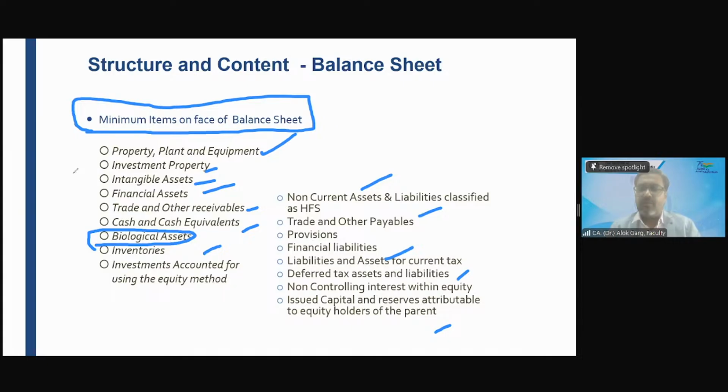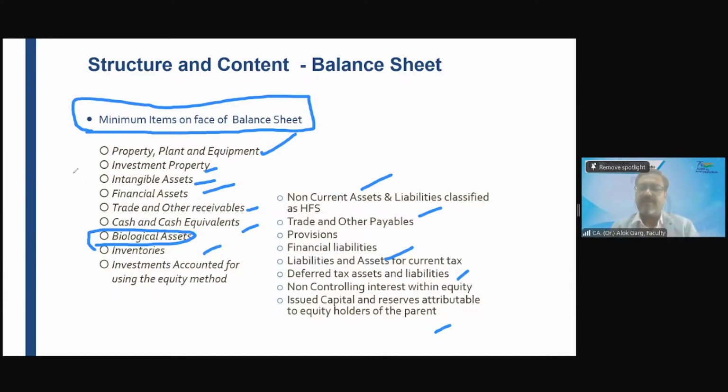Question number 2. While preparing the balance sheet, does only the Schedule 3 format, Division 2 of Schedule 3, need to be referred, or does paragraph 54 of Ind AS 1 also need to be referred? Both are required to be referred.